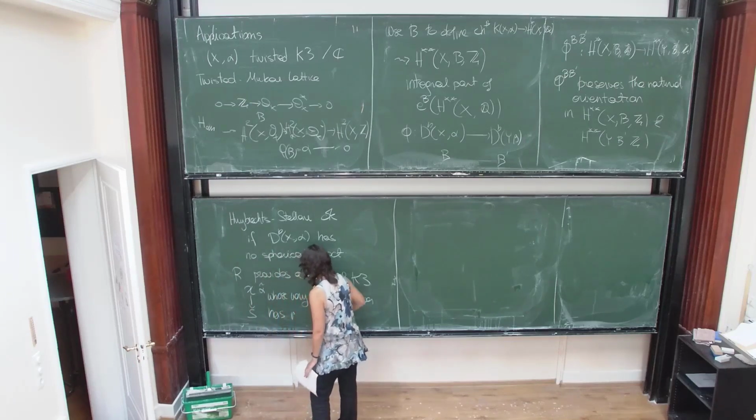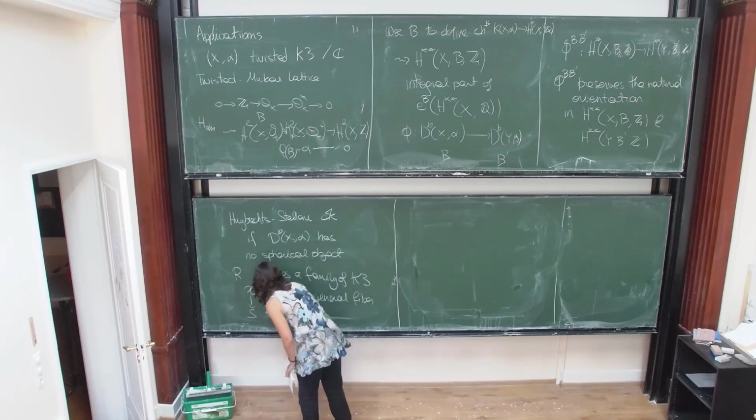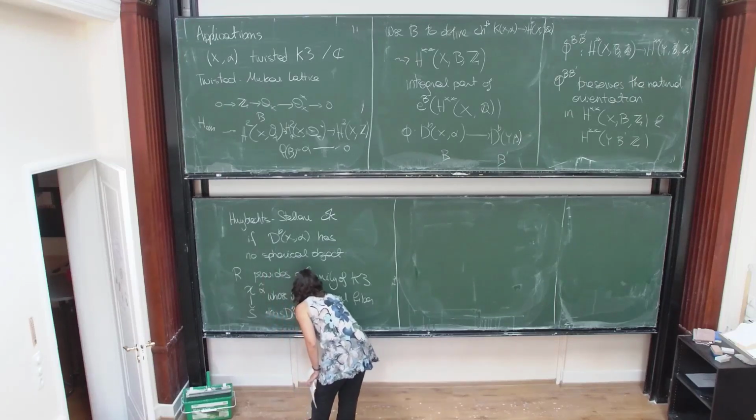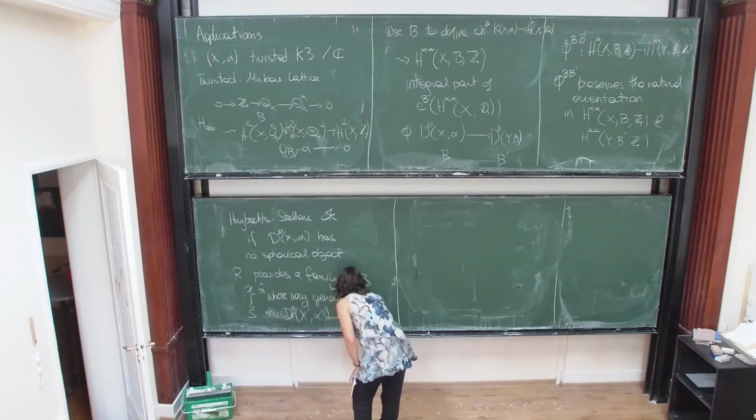So for the very general fiber, D^b(X, alpha prime) has no spherical object.